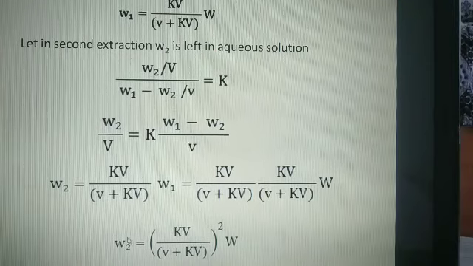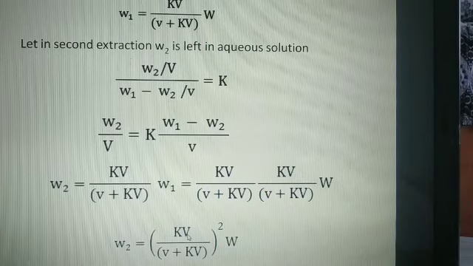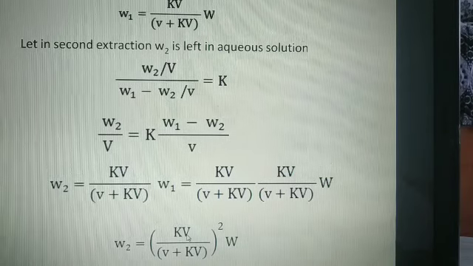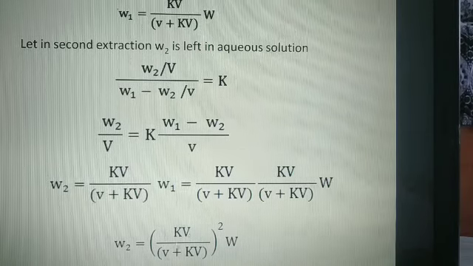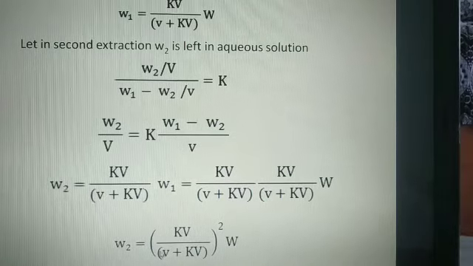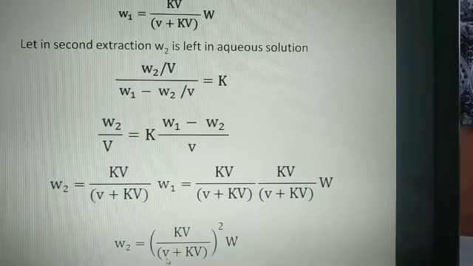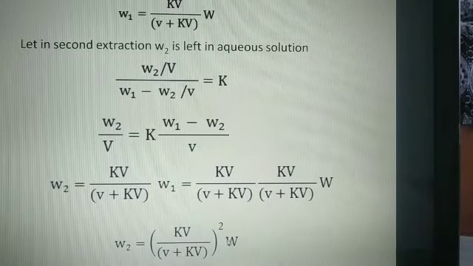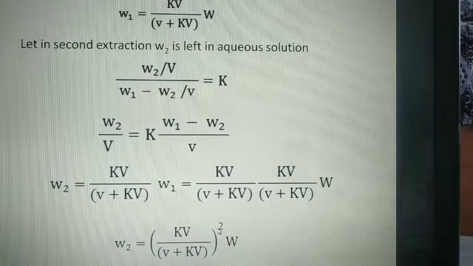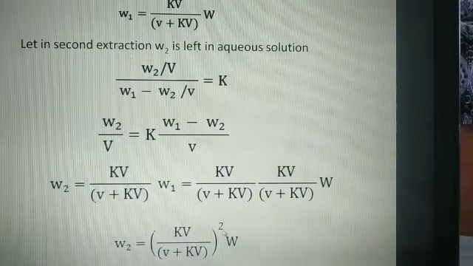This is the amount left in the solution. K is the partition coefficient. V is the volume of the solution in which the solute is present. Small v is the amount of extracting solvent which you are utilizing for the extraction. And W is the amount originally present. This is for the second extraction.